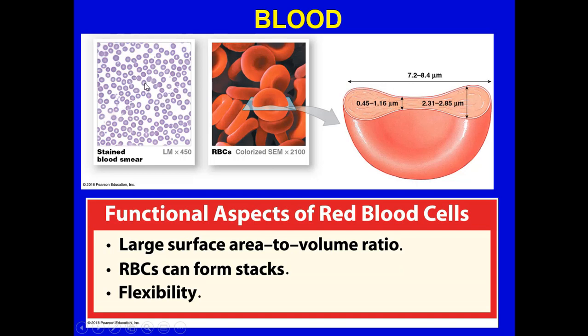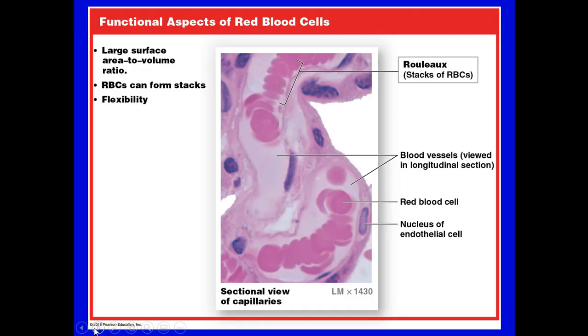The inner part where you can see light coming through is not due to a hollow center, but if you look at the thickness here, at 1.16 microns compared to the thicker edges at 2.85, light will pass through here a lot easier than on the edges. And so the center may get almost washed out, but it is truly there. Keep in mind, the large surface area to volume ratio is key to it being able to carry oxygen, as well as forming stacks and its flexibility.